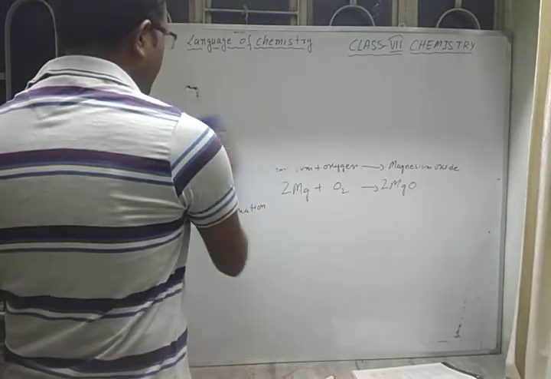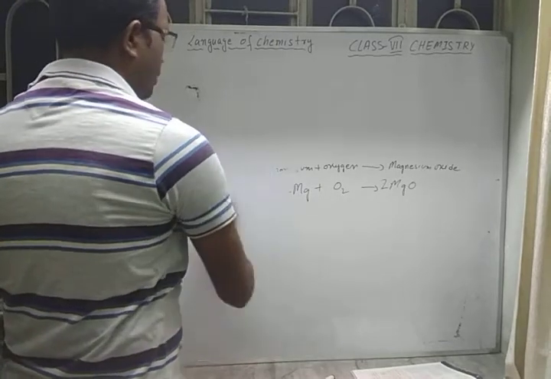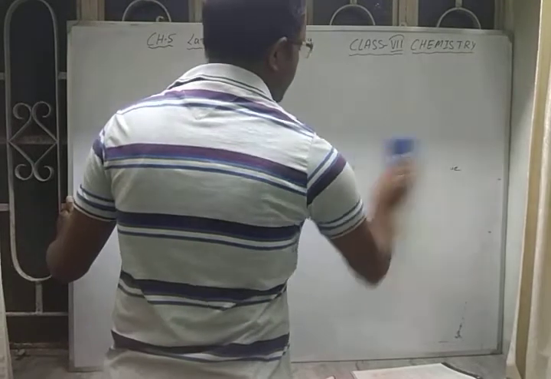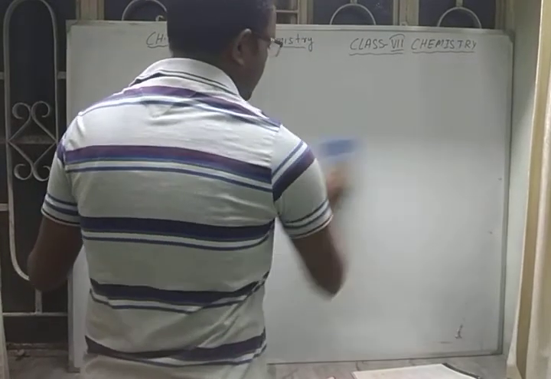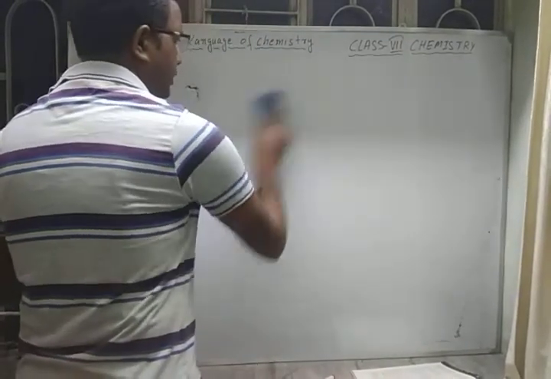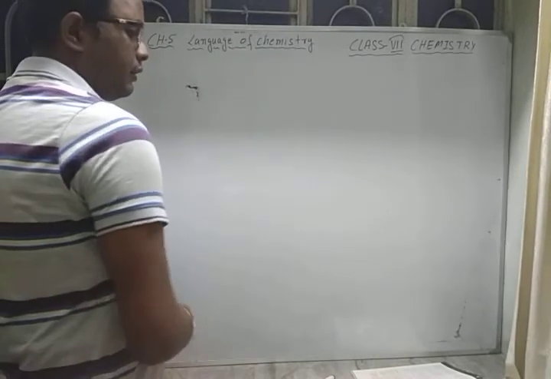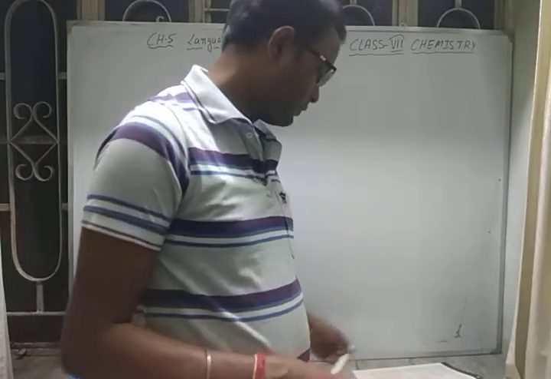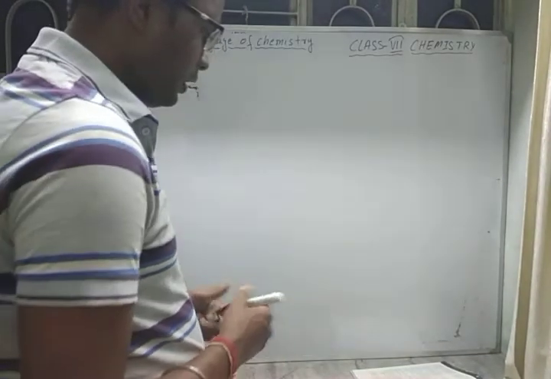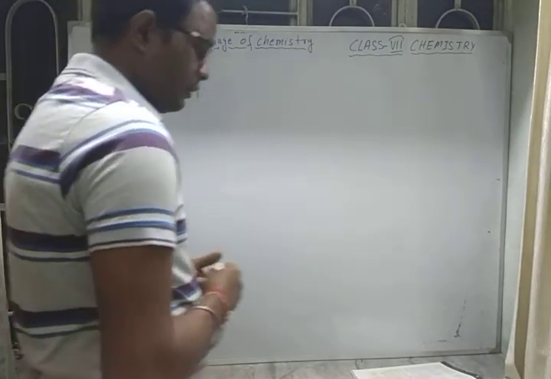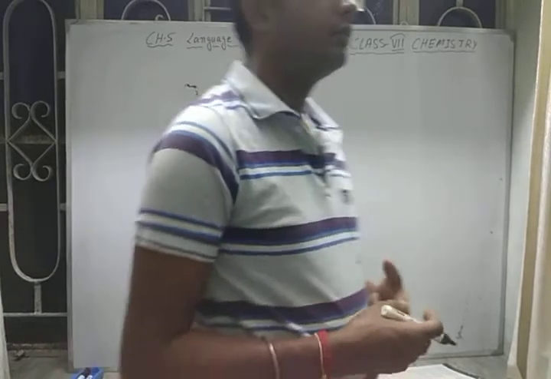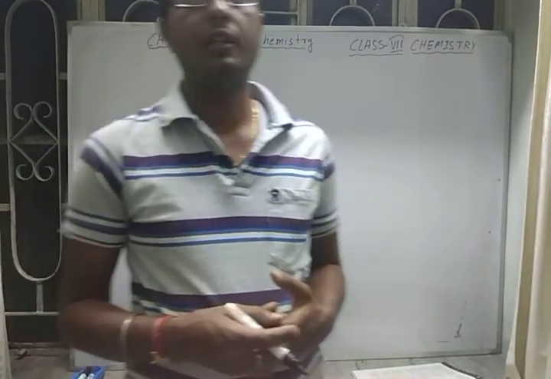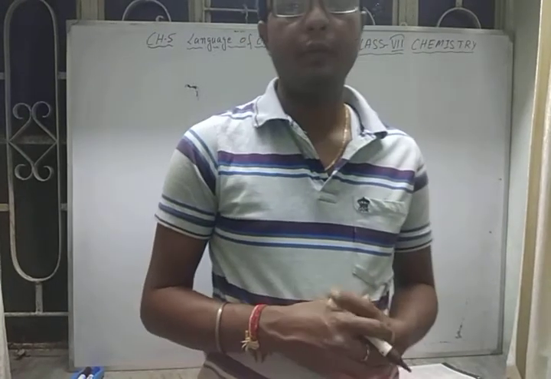As I told you, in a combination reaction, when 2 or more elements combine together to form a single compound, then it is called a combination reaction. For example, just now I have given you magnesium plus oxygen, then hydrogen plus oxygen gives water. These are all types of combination reactions.